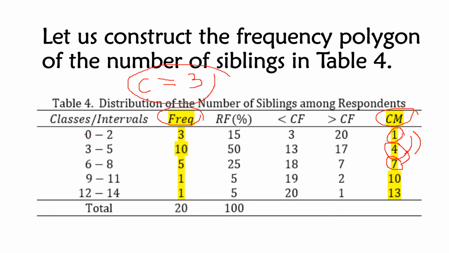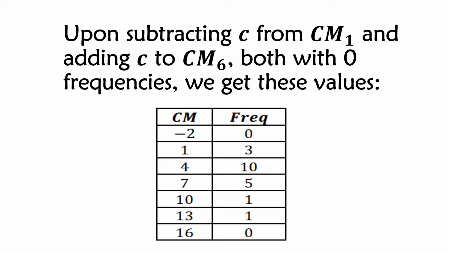We have 1, 2, 3, 4, 5 classes. We have 5 class marks also. So upon subtracting C from class mark 1 and adding C to class mark 5, both with 0 frequencies, we get these values. So this is now our first 5 class marks and their corresponding frequencies.